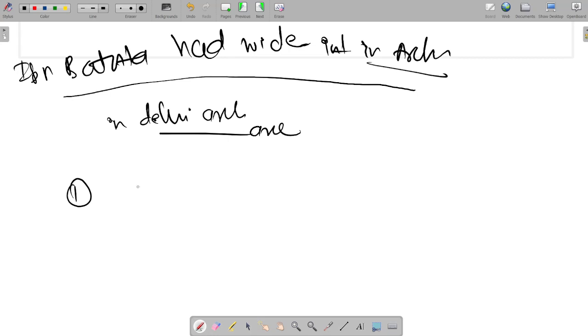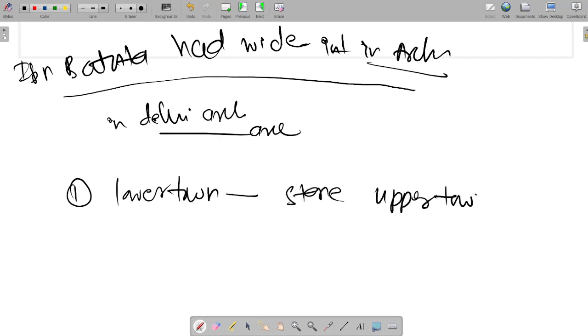He says that the lower town was made up of stone, upper town of brick.